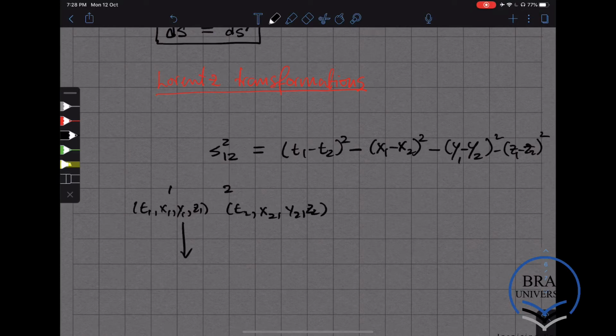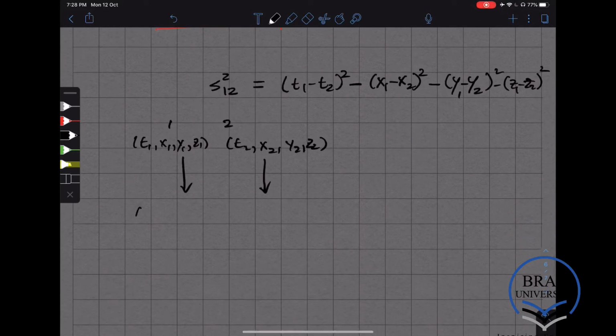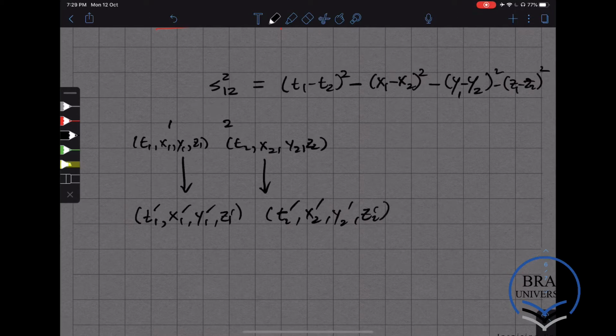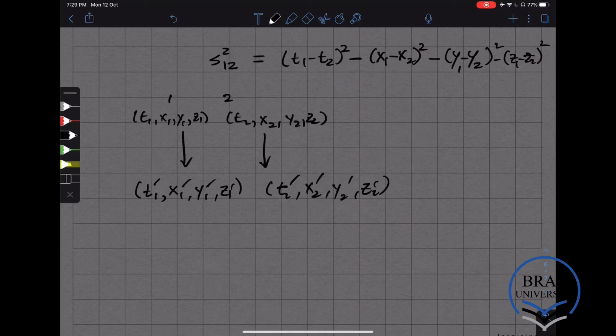These transformations should take them to coordinates in a new reference frame, given by T1 prime, X1 prime, Y1 prime, Z1 prime, and T2 prime, X2 prime, Y2 prime, Z2 prime, but it'll take the interval S12 squared to the interval S12 prime squared in such a way that S12 is equal to S prime 12. So this is what the Lorentz transformations are.